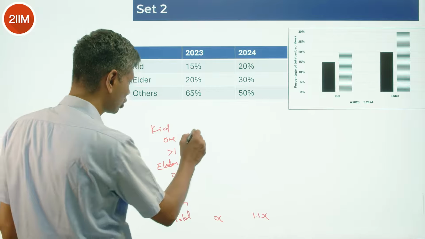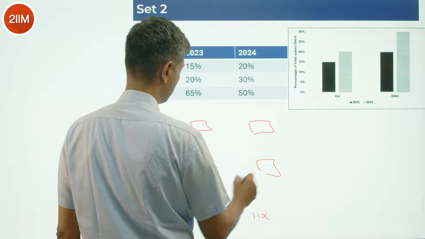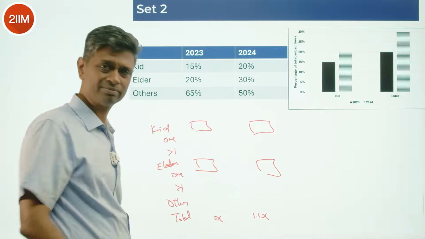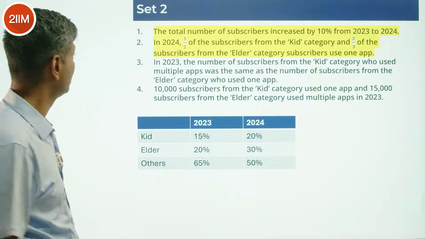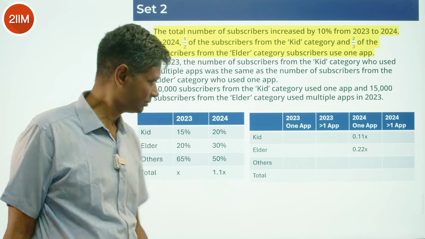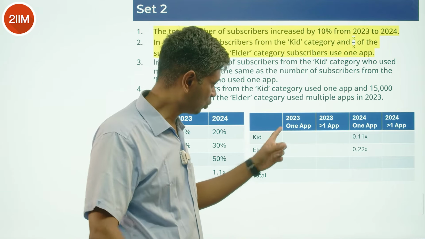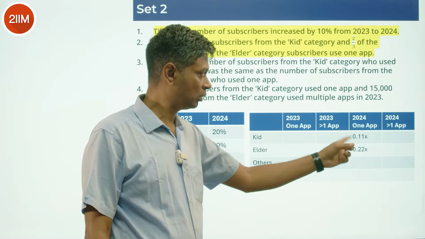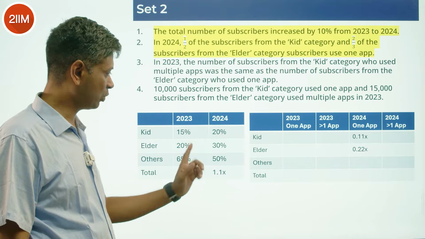We'll have a kids total, elders total, based on this percentage of this number, and then carry on from there. And that's how data is going to be captured. X, 1.1X, this. So kid, elder, others, we're going to have one app, greater than one app, with overall numbers being X and 1.1X.